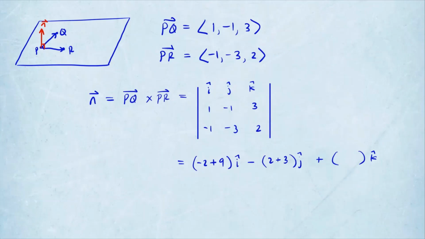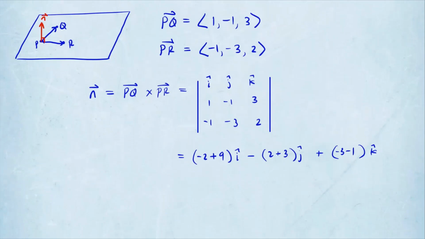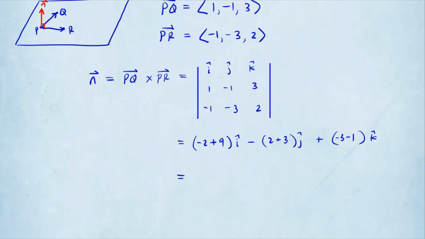And for the k, again, we do the same thing. We cross this row and this column, so we find the determinant of that particular 2x2 matrix. So you'll have negative 3 times 1, that's negative 3, minus negative 1 times negative 1, that's plus 1. Okay, so this will give us negative 2 plus 9, that's 7, i, minus 2 and 3, that's 5 for j.